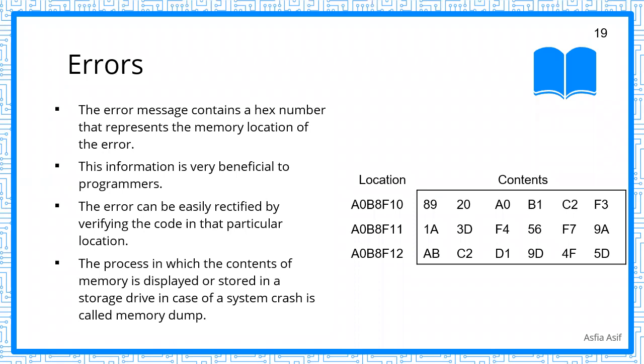So the blue screen comes, and when you restart, I don't think that Windows 10 or 11 give the error anymore, but Windows 7 used to, whenever you restarted, it used to tell that this was the error and this was the memory dump. So what does the operating system do? Whatever location the error came, it copies it somewhere for reference. That is called the memory dump.